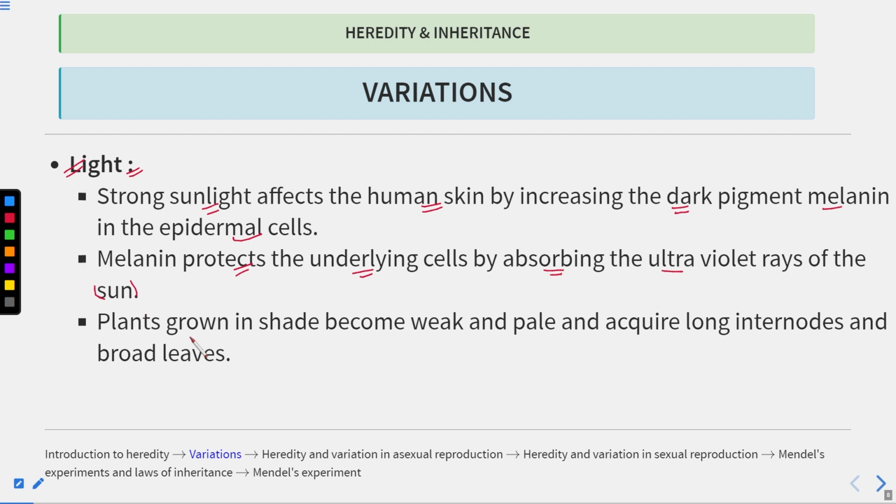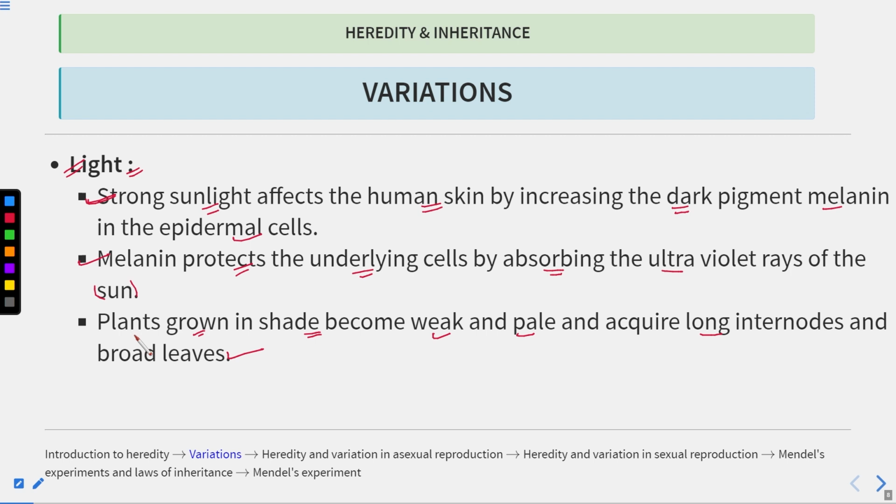Now, the plant grown in the shade becomes weak as well as pale and acquires long internodes and broad leaves. So this was about humans, where melanin increases when the skin is exposed to high light intensity.